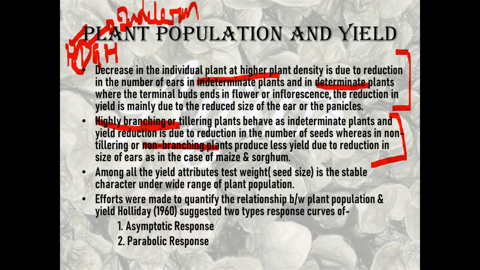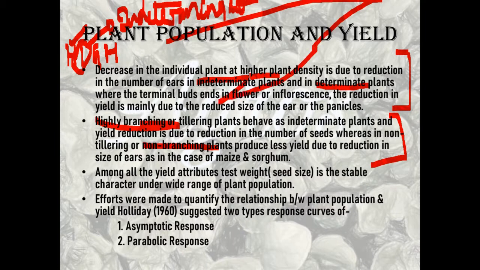Because high branching plants or tillering plants just act similar to the indeterminate plants. Just ignore the spelling.